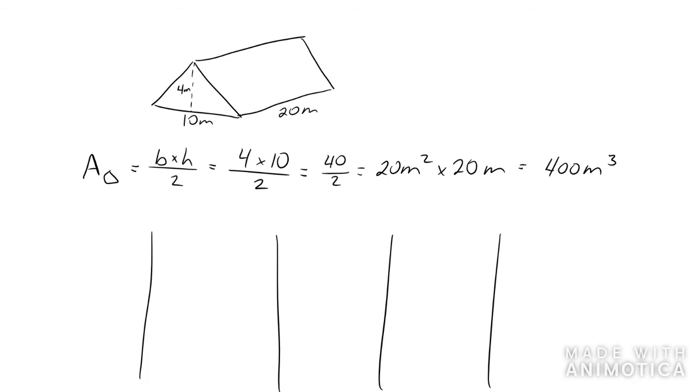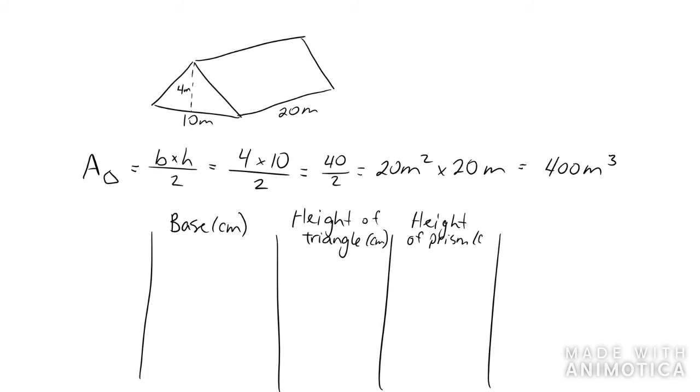You're given the base in centimeters, the height of the triangle in centimeters, the height of the prism in centimeters, and the last one is volume in centimeters cubed.